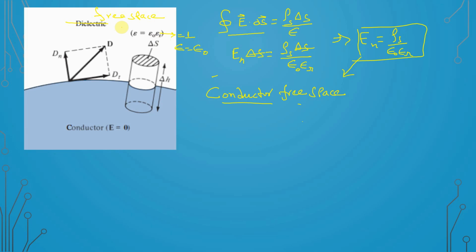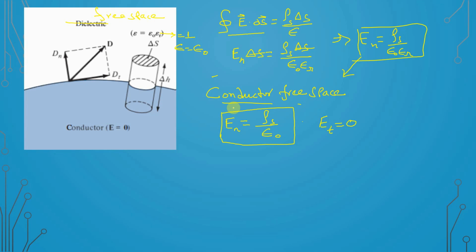This is the only difference. So the normal component will be rho s by epsilon naught, because epsilon r is equal to 1 for free space. The tangential component will be the same, no effect: it will be equal to 0 for the conductor and free space interface.